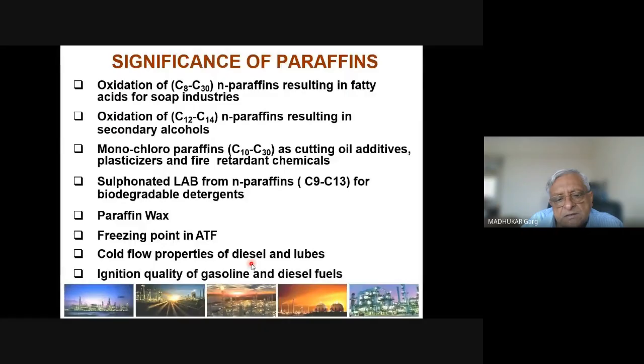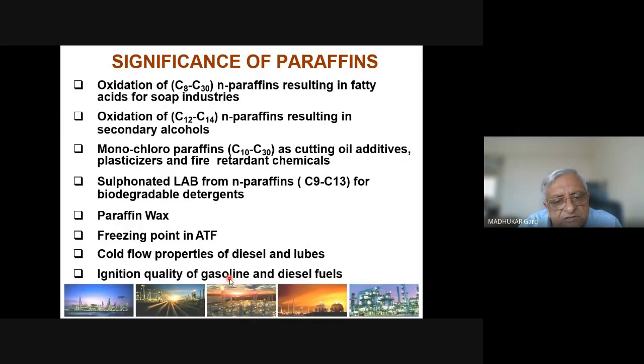And of course, the freezing point of the lubricating oils that we use in our engines is also because of the normal paraffins. Normal paraffins improve the ignition quality of diesel fuel, but they affect that of gasoline, because gasoline vehicles are spark ignited, and diesel vehicles are pressure ignited.